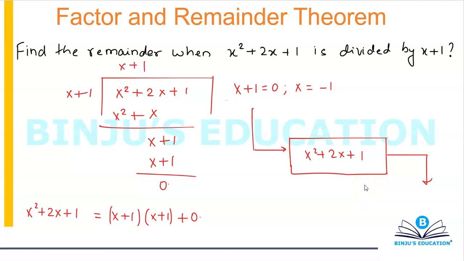So if I put my input value as negative 1, the output will become negative 1 square plus 2 into negative 1 plus 1, which is basically equal to 0. So when the input value is x equal to negative 1, your output is 0.